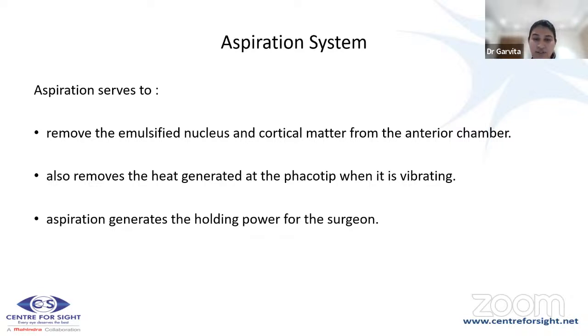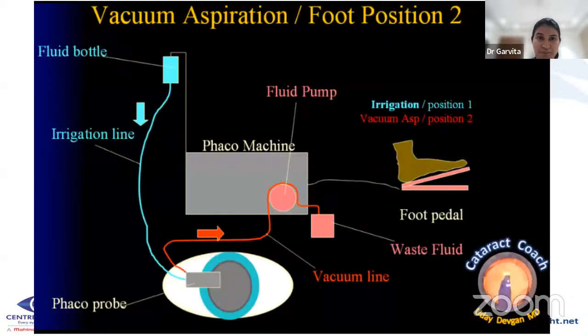Also to remove heat generated by the phaco tip, which is vibrating. Also, aspiration generates holding power for the surgeon. Nowadays, with the advent of more phaco direct chop and phaco chop techniques, all these techniques require a higher holding power. So this is a very important point, that the holding power is generated by the aspiration.